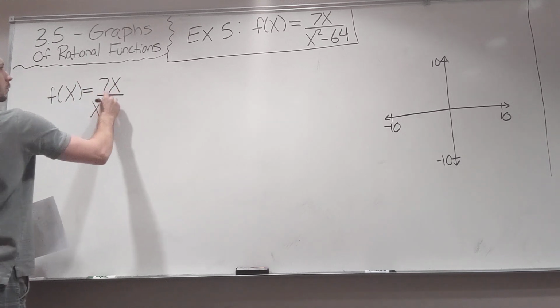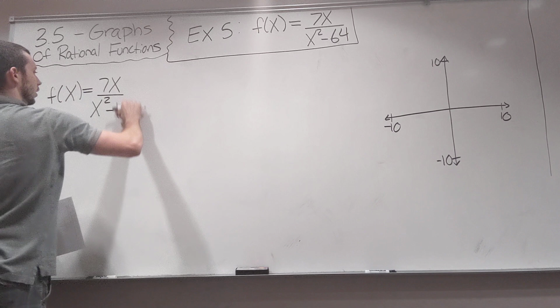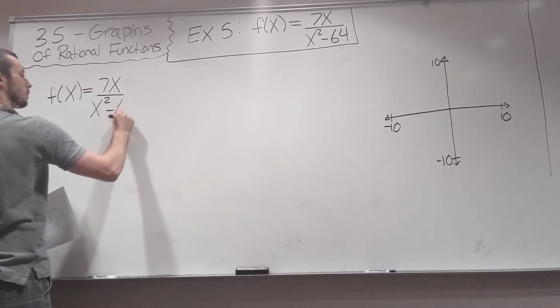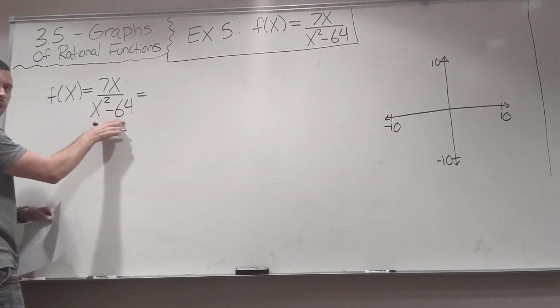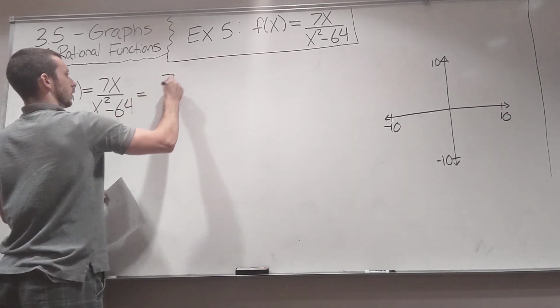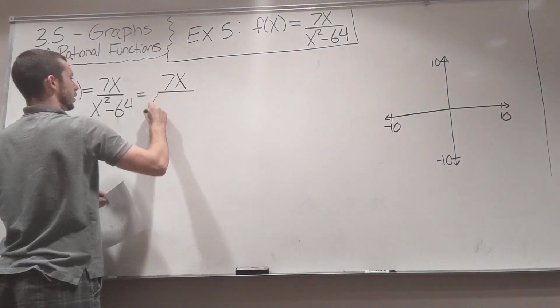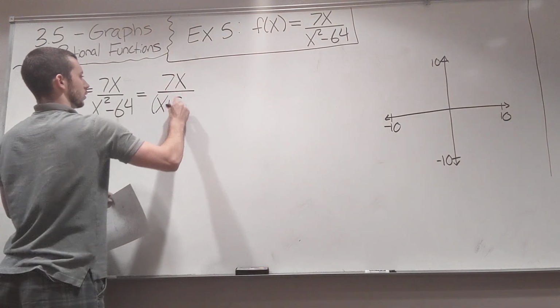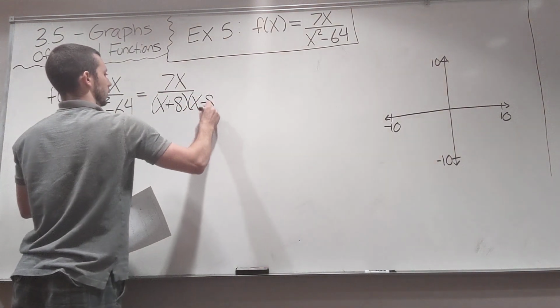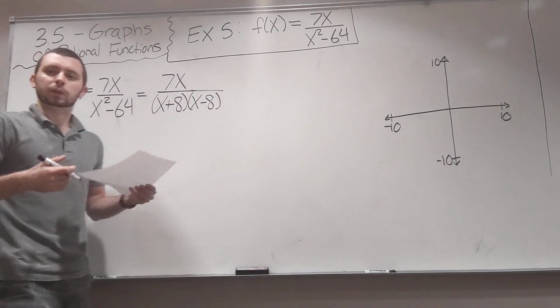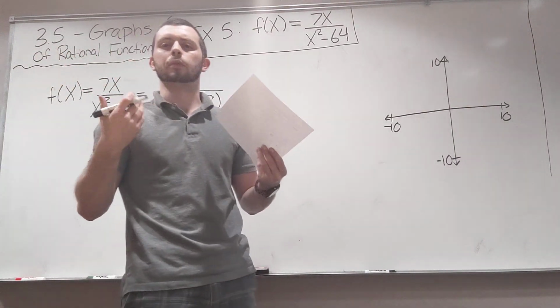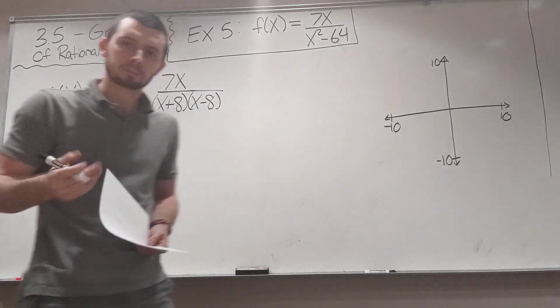There's only one real thing to do here, and you might notice it's the denominator being a difference of 2 squares. So the only thing to do is factor it as such. That will help us determine characteristics about the domain and the vertical asymptote.